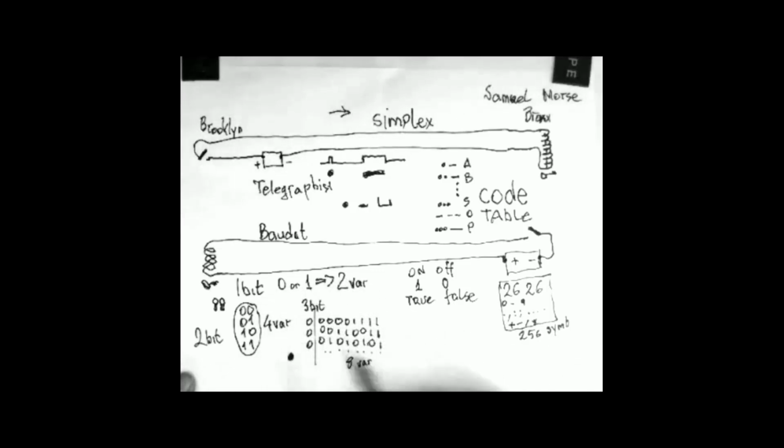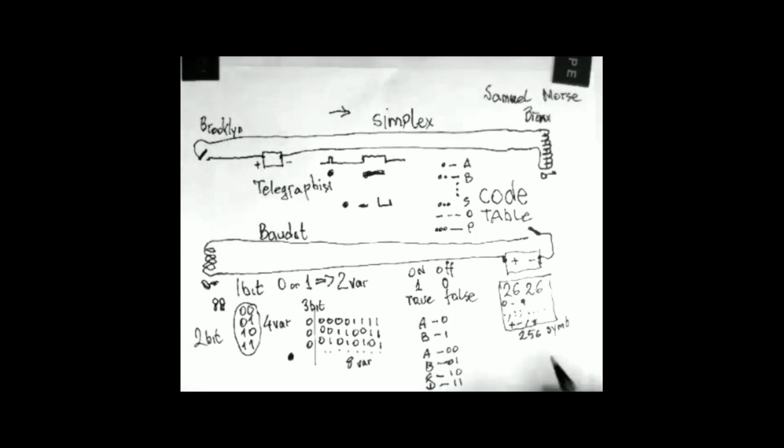For two variations, for one bit, we can encode only one set of letters, like letter A and letter B. When I say letter A will be 0, letter B will be 1. But when I take 2 bits, I can encode more. Look at this. That will be A, B, C, and D. How do they look? A is 00, B is 01, C is 10, and D is 11.